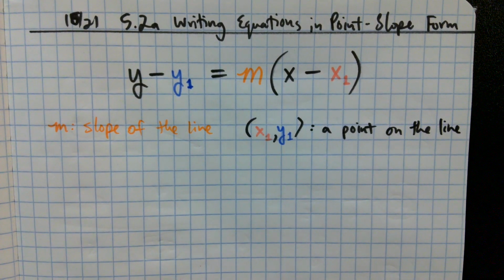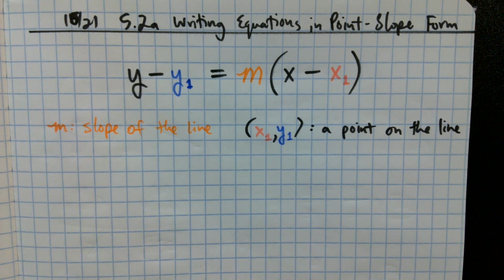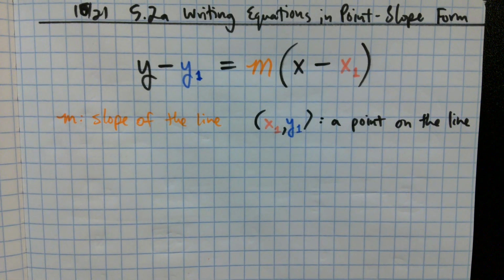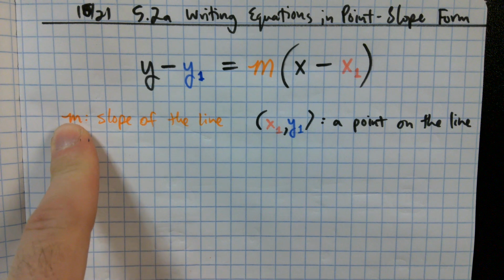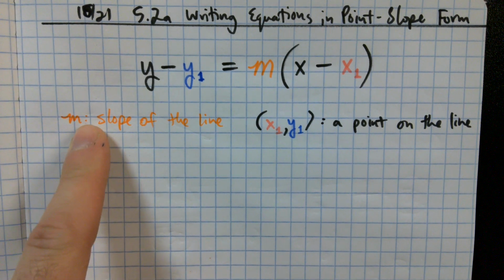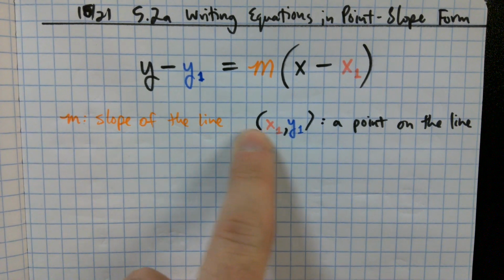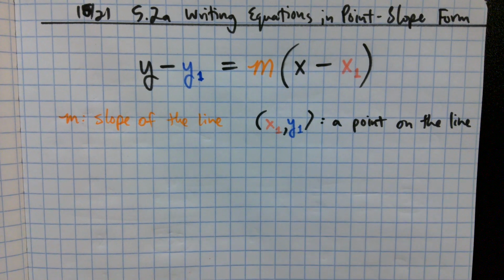It doesn't matter what point. You can pick any point. The coordinates x1 comma y1 represent a point on the line. M is the slope of the line. x1 comma y1 is a point on the line.